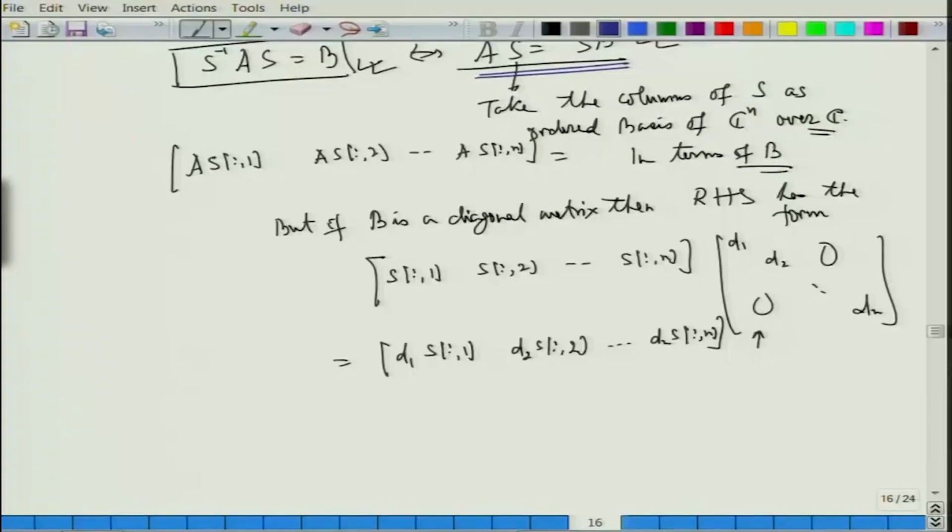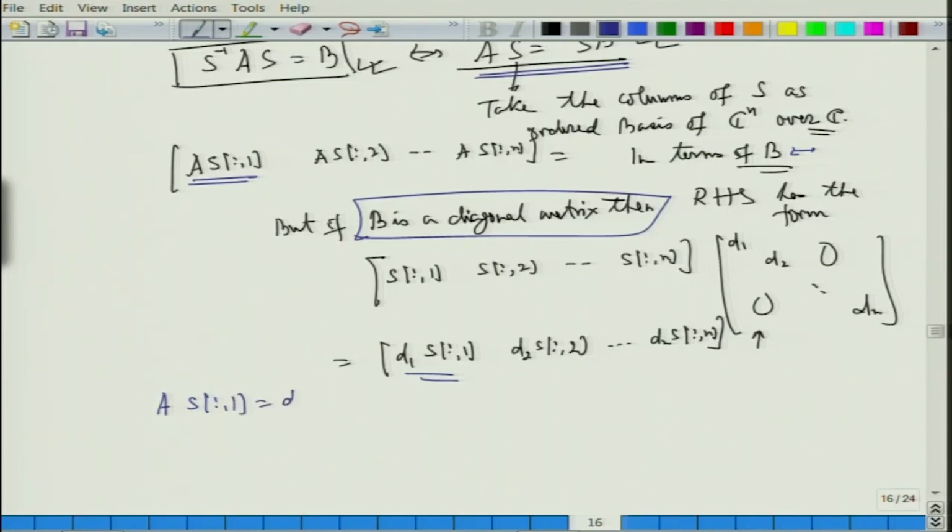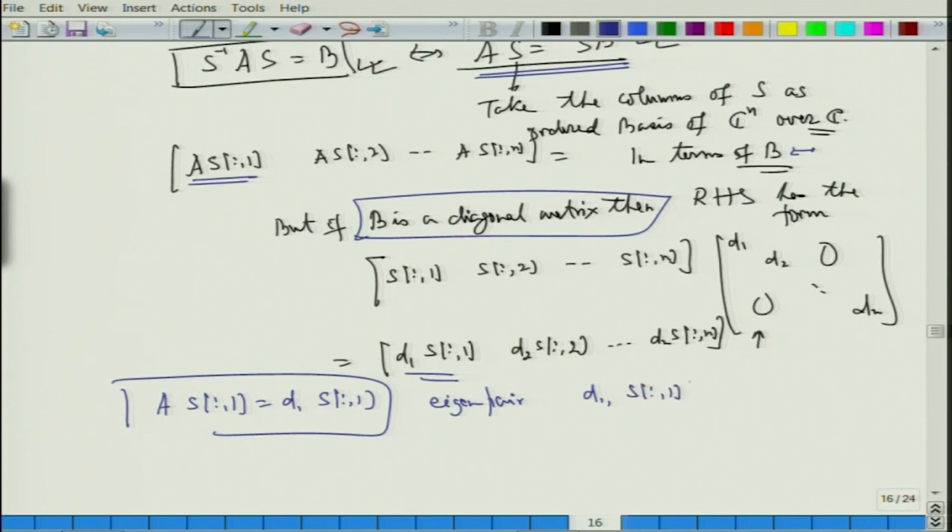Here what we are saying here is that in this case, if B is diagonal, then look at this part, it says that the first column is nothing but an eigenvector. So, this gives me eigenpair D1 and this.